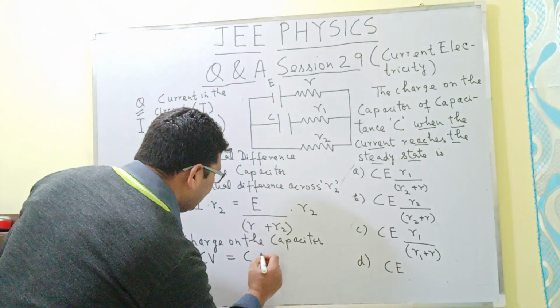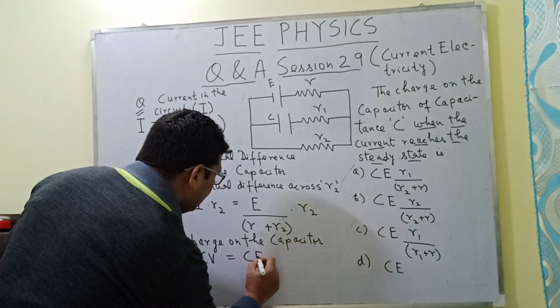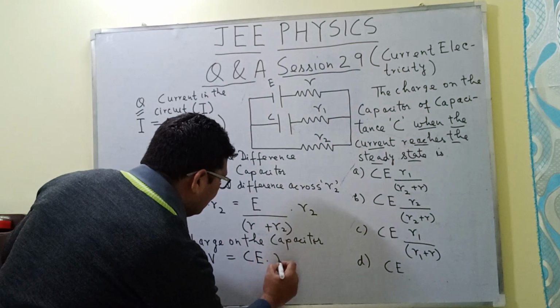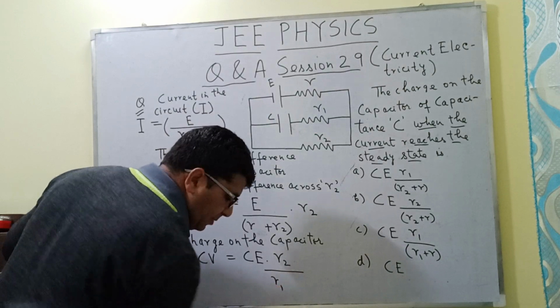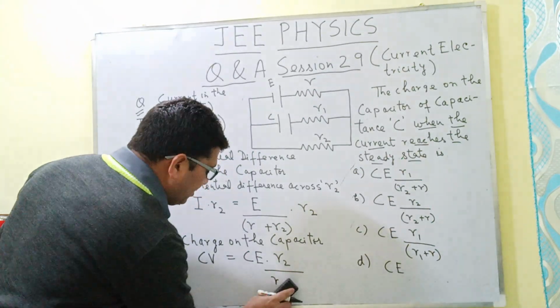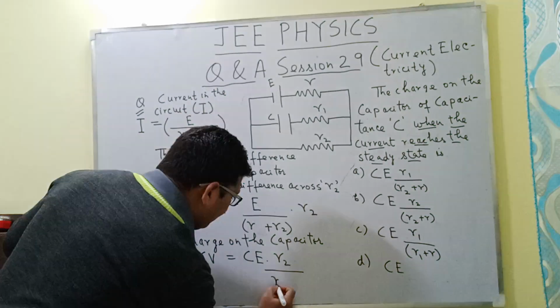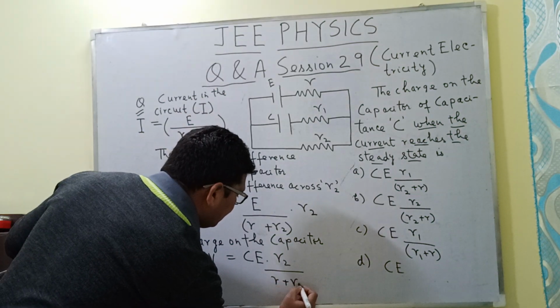So this is equal to C E R2 divided by R plus R2.